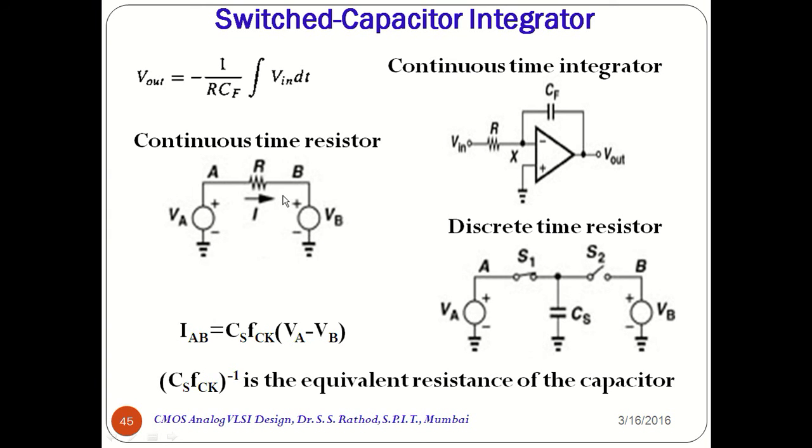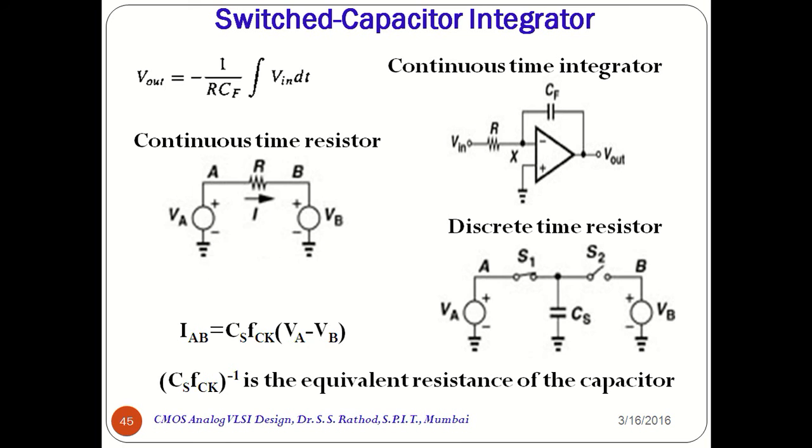So let us first study the function of a basic resistor. In this figure, the resistor is connected between node A and B and it carries current I. So basically, what is the function of this resistor?